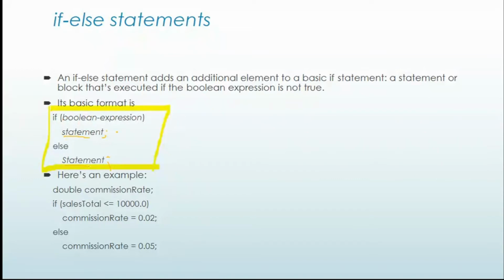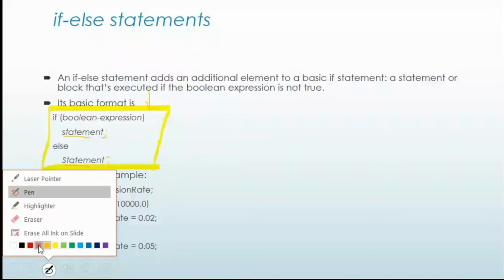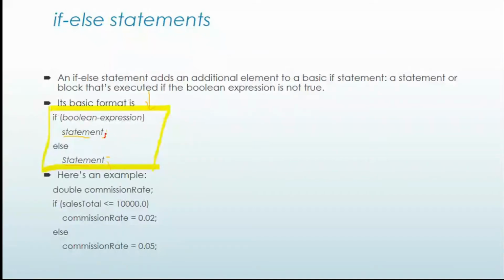But after the condition or the Boolean expression, do not put a semicolon there. Only after each and every statement you are going to execute do you put a semicolon. When you put the Boolean expression or the condition on this line, no semicolon.